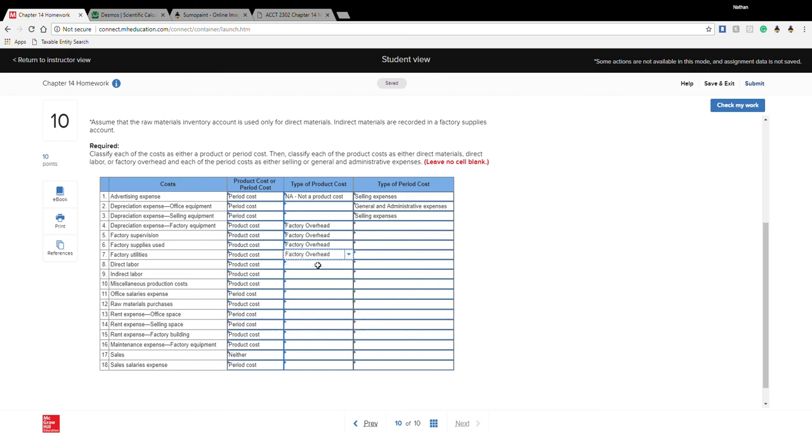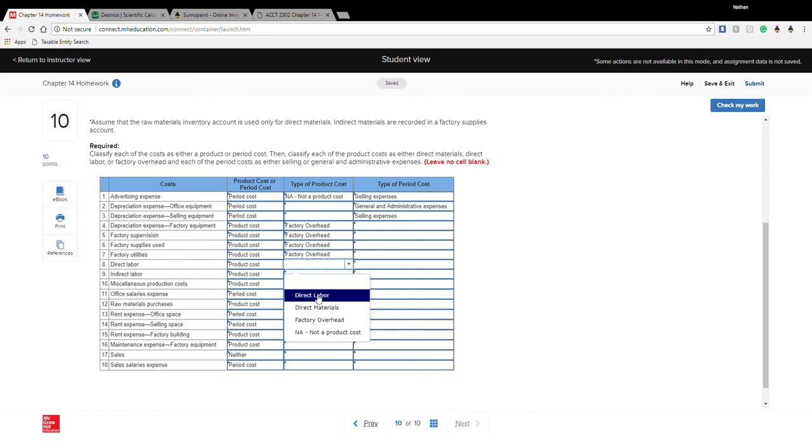Utilities, overhead. Now, factory supplies used, depending on how Connect wants to deal with it, could actually figure that in materials. But since it's just something regular as regular supplies, that feels like it's more insignificant. It's usually indirect by the way that Connect likes to do it.